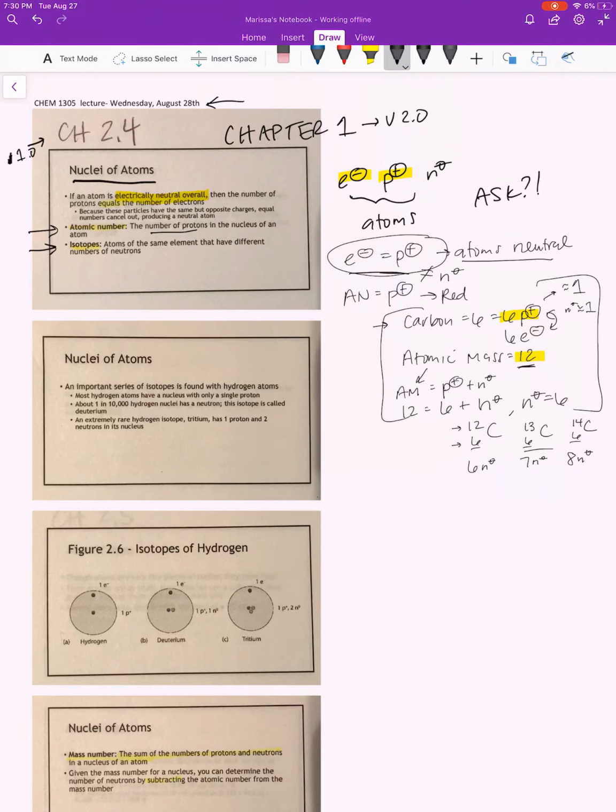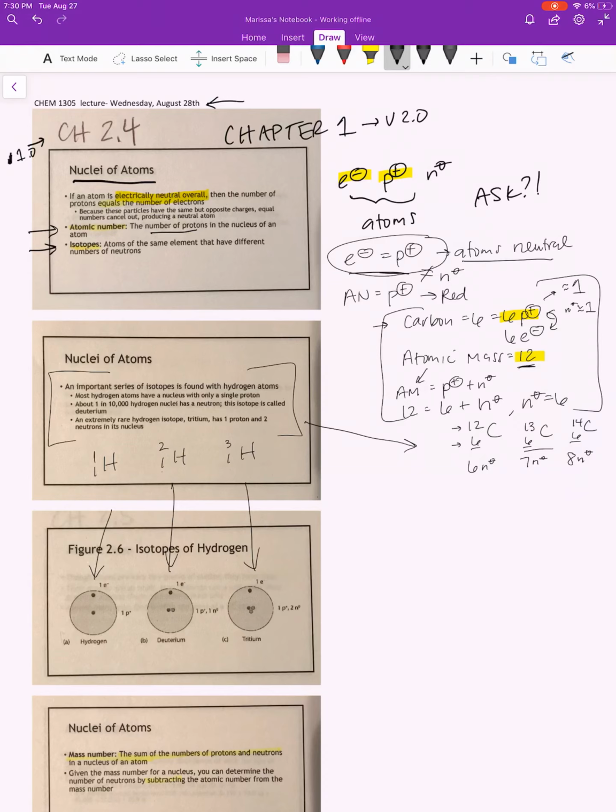Okay? So there is going to be an important series of isotopes that's found within hydrogen. It's very similar to what we just talked about with carbon. And there are 3. So the first one is hydrogen as we know it. Then there's one that's called deuterium. And then there's one called tritium. Okay?